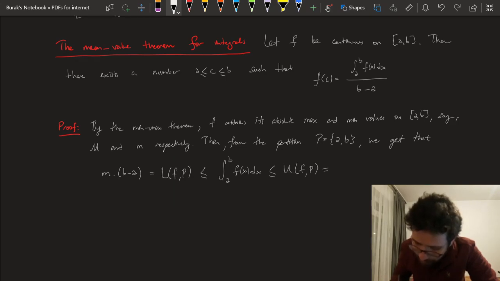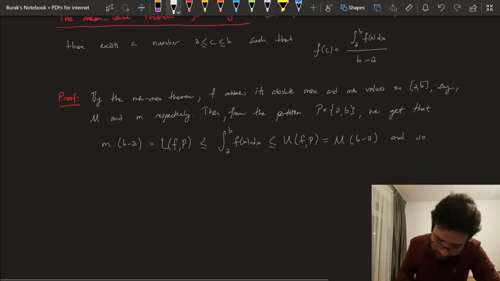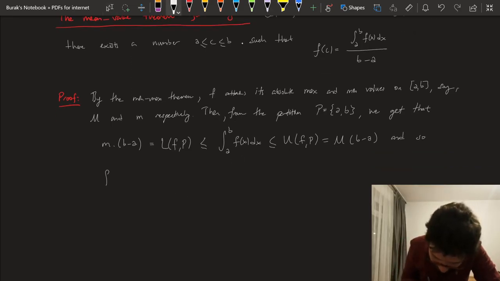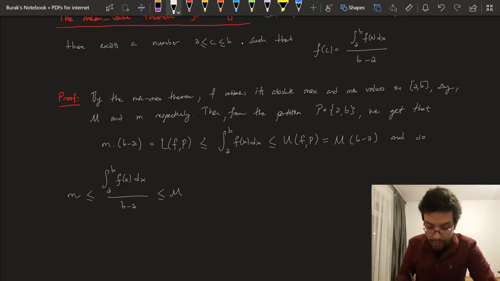Now, if you compute the upper Riemann sum of f with respect to this partition, you're going to get big M times (b minus a). And so we get that this quantity, the integral of f over [a, b] divided by b minus a, is between small m and big M.